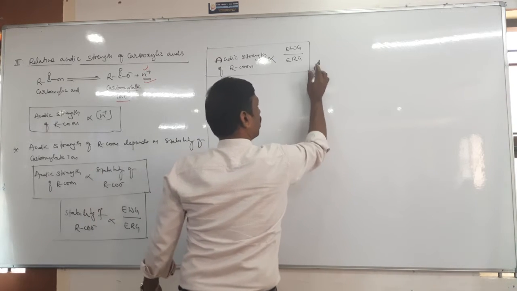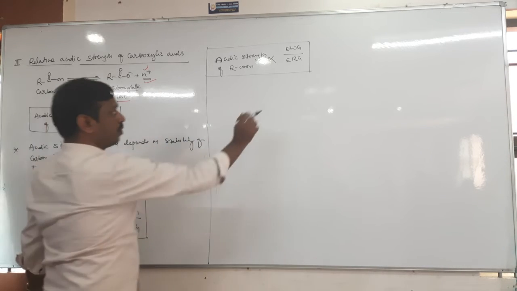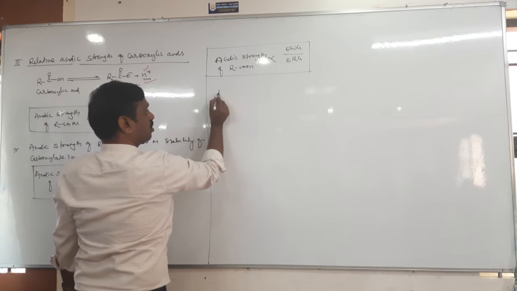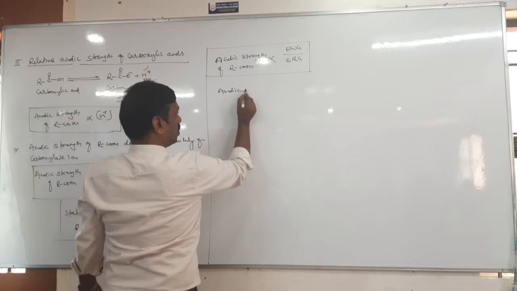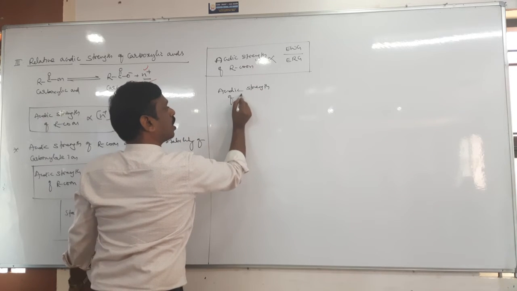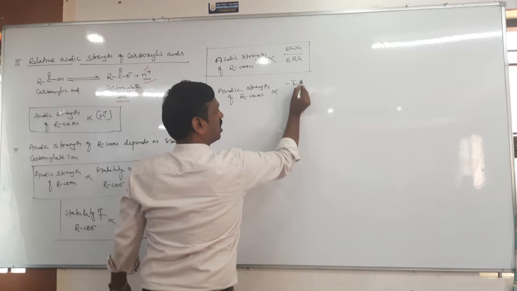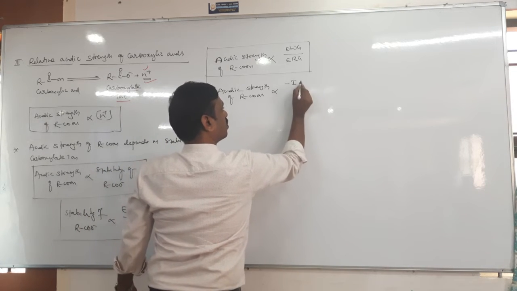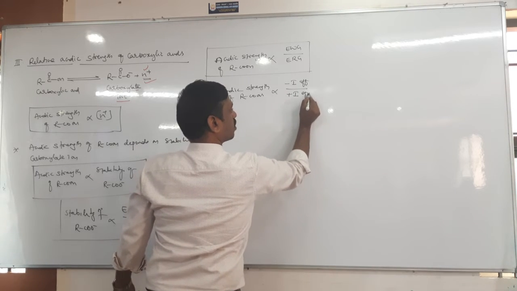Okay, but we are studying inductive effect. So tell me, since we are studying inductive effect, which are the electron withdrawing and which are electron releasing? Yes, so therefore acidic strength of carboxylic acids is directly proportional to minus I effect, inversely proportional to plus I effect.